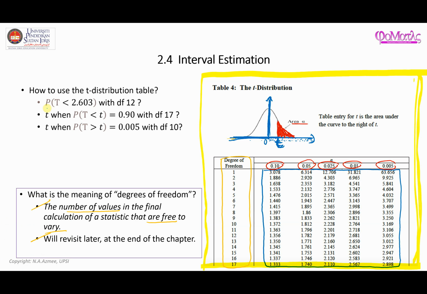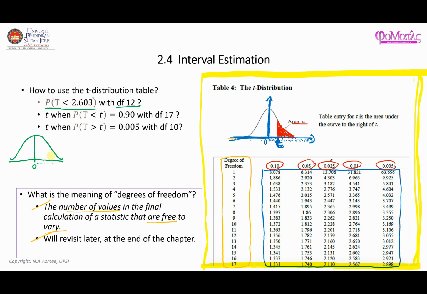Alright, let's look at the first example. We are going to find the probability that the random variable t is less than 2.603, where the degrees of freedom is 12. I'm going to sketch what the question is asking. This is 0.0. The value here is positive, so we know that 2.603 is going to be on this side.